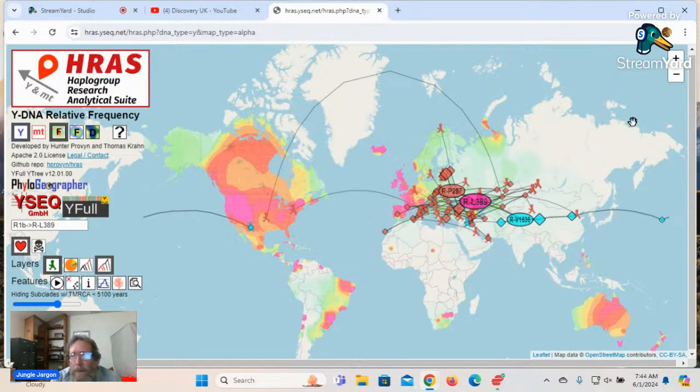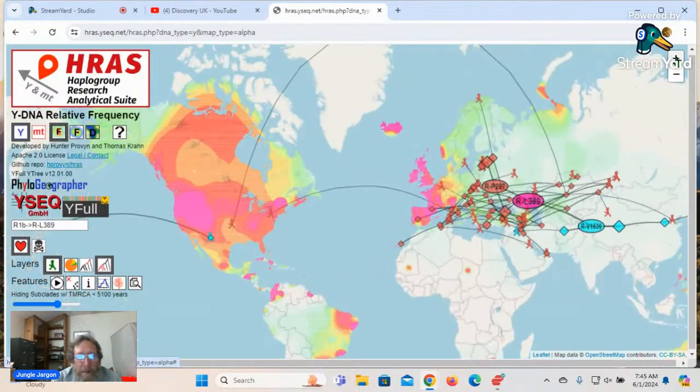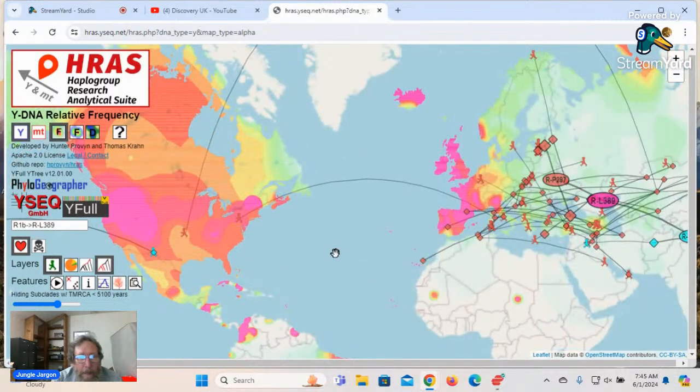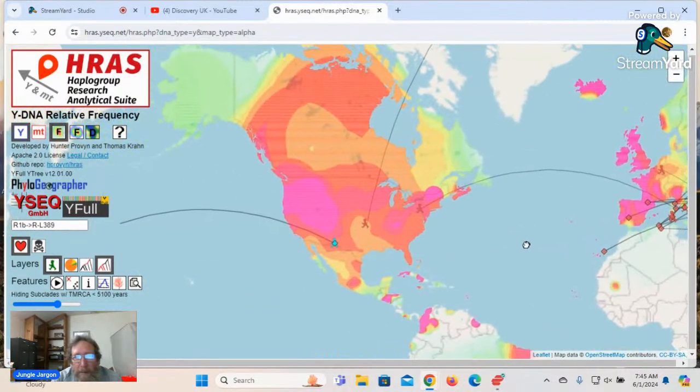So, like I said, the one in the center here is our culprit, where there's very, very, very many people. Maybe we'll just take a look at that real quick. So we'll just zoom in a little bit. Of course, this is the Y chromosome.